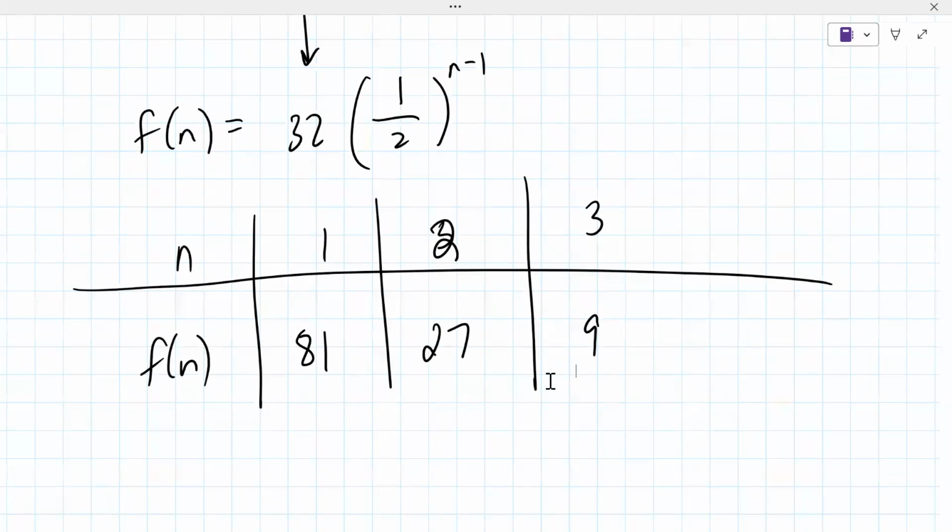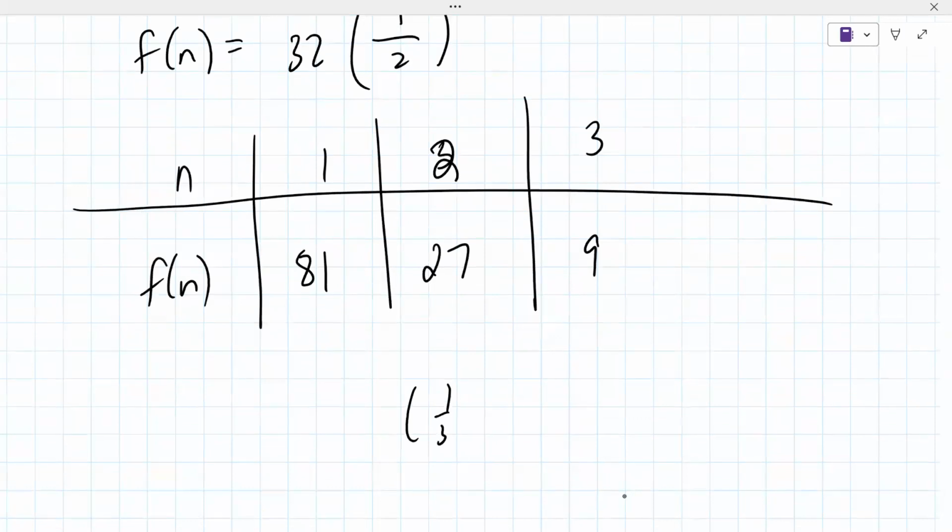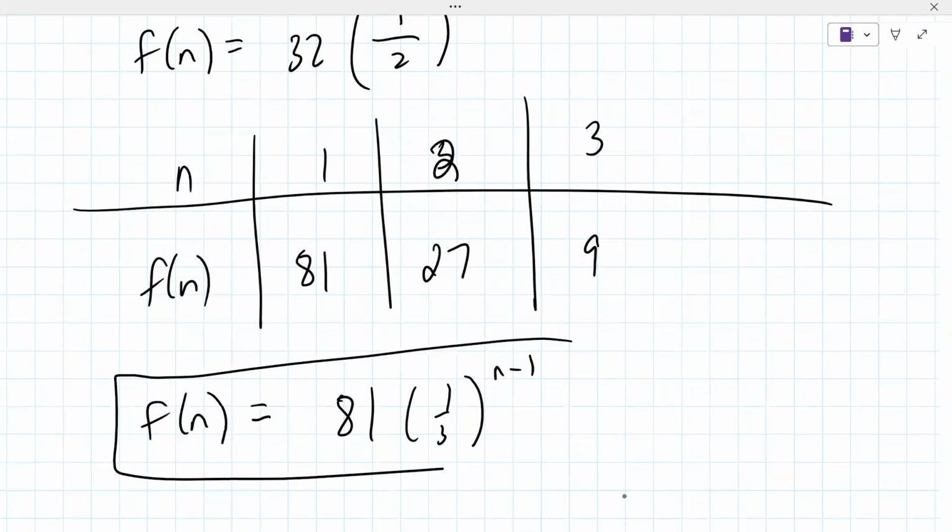Would it be dividing by 3? Yes. So 1/3 in parentheses with n minus 1, and 81 on the left. There you go. That's it.